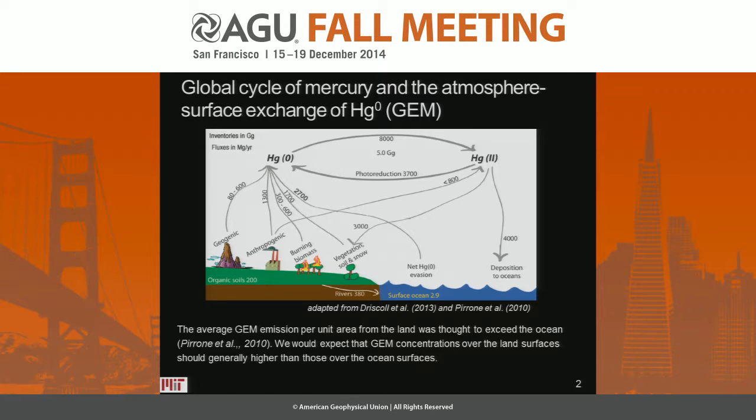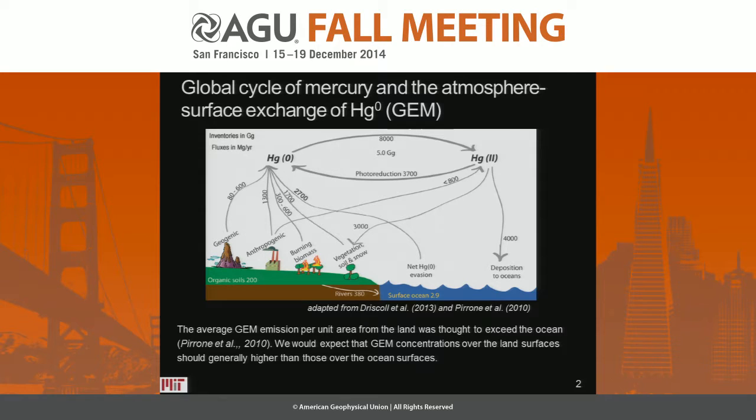Therefore, it is very important to understand the atmosphere-surface exchange of GEM because it drives the mercury cycle.